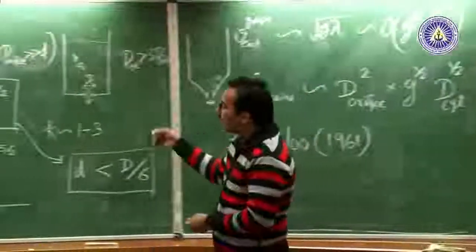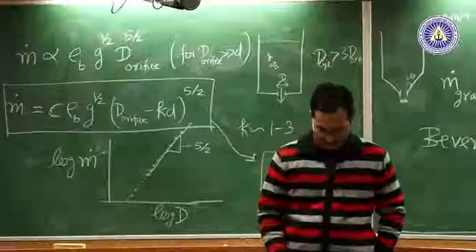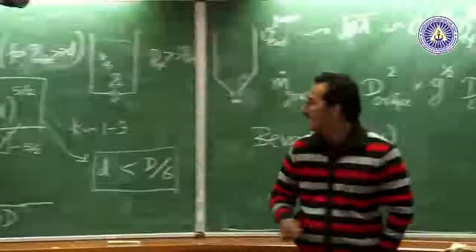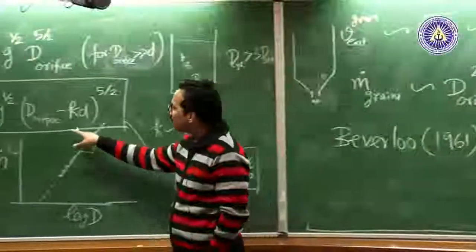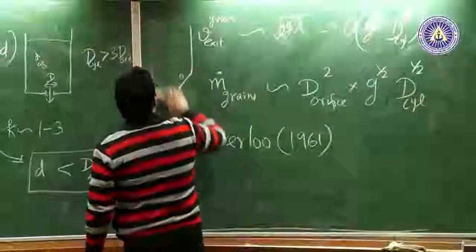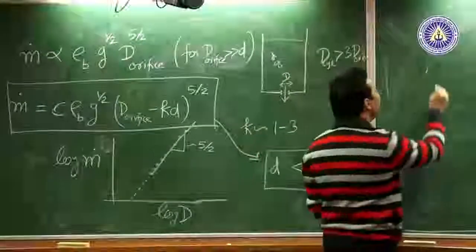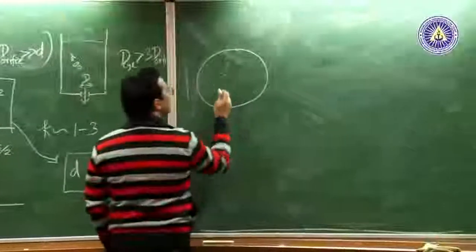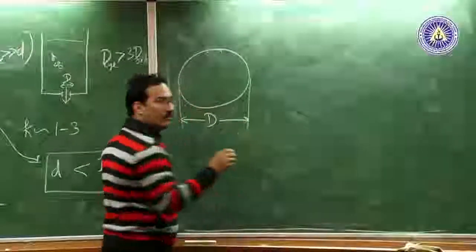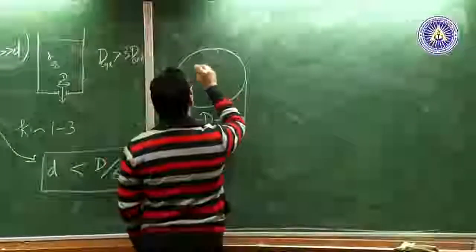So what recently people have done is, of course this is purely empirical, there's not much theoretical basis behind it. One of the ways this is popularly understood is that the presence of the term kd is explained by, let's say this is your orifice diameter, because you have a finite size of the grains.